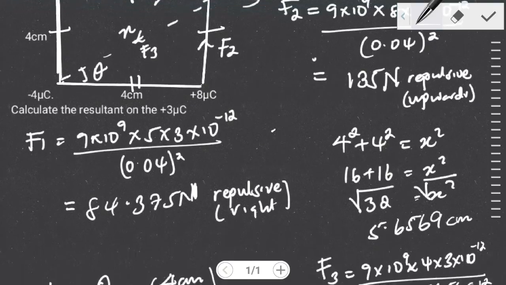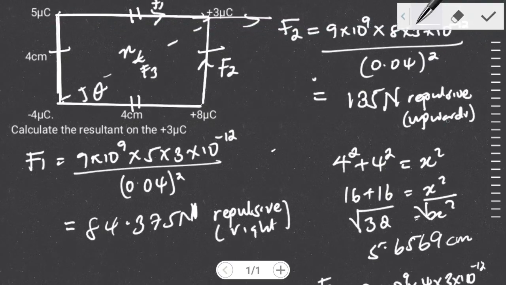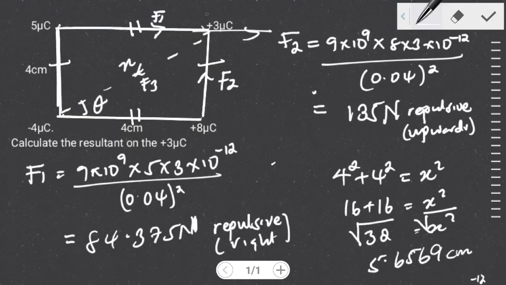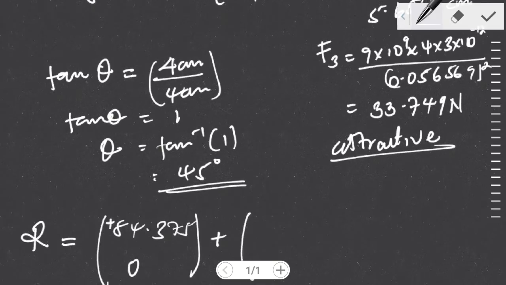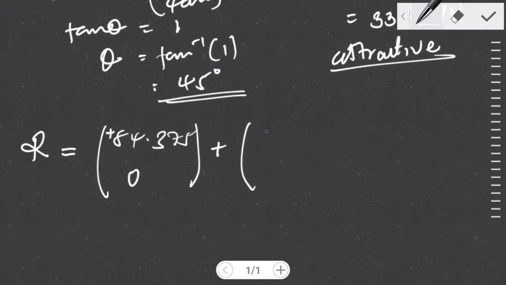Force 2 is 135 but repulsive and upwards, so it is moving in the positive y direction, and therefore y is positive. Therefore x in this case is 0, so 135, of which this one is positive.